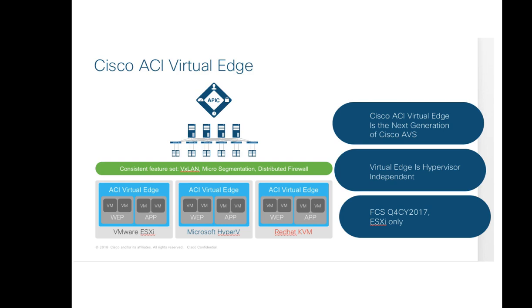The AVE switch is a VM that is purpose-built and runs in the user space instead of the kernel. So basically, because it is kernel independent, in theory, the AVE switch could run over different hypervisors and have the exact same functionality.